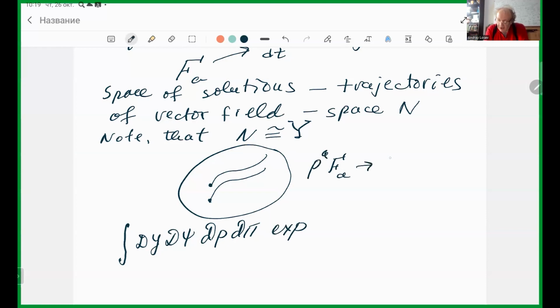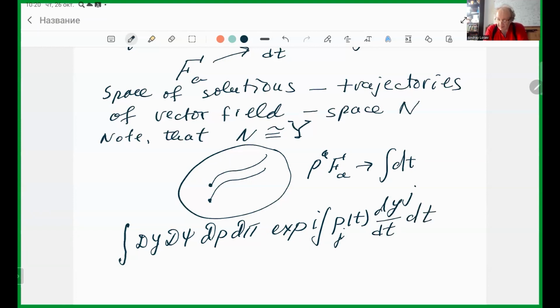The action, of course, goes to the integral of p_j of t dy^j over dt dt.